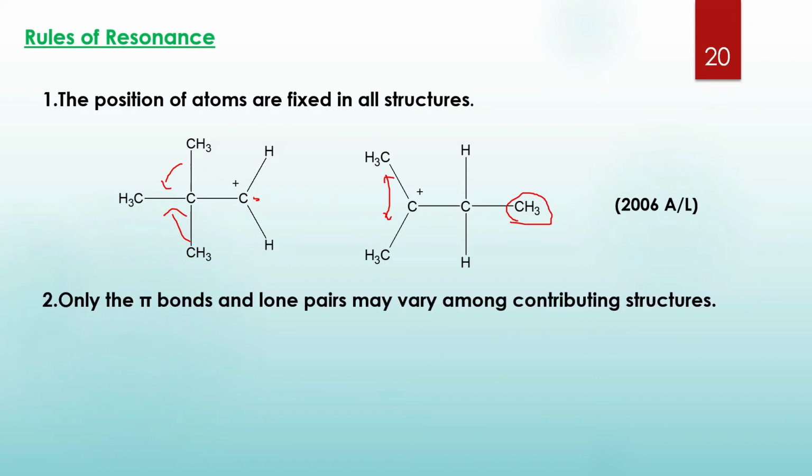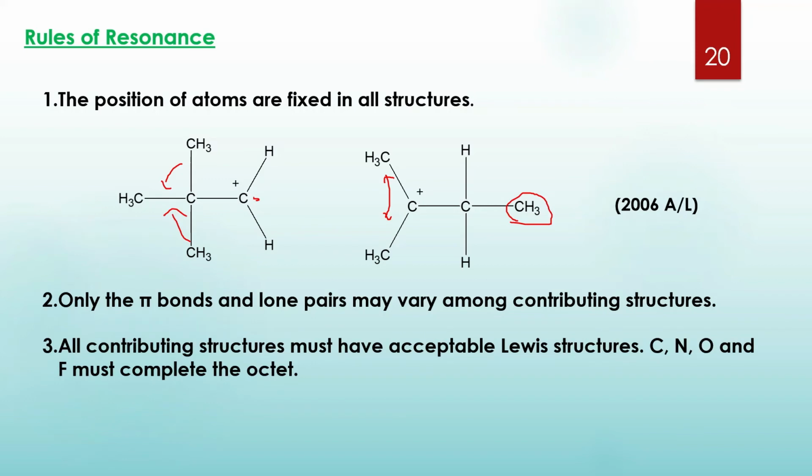Only the pi bonds or lone pairs may vary among contributing structures. So again, as in the first example, the sigma bond position has varied, but in resonance structures, only pi bonds and lone pairs can vary. All contributing structures must have acceptable Lewis structures. So carbon, nitrogen, oxygen, and fluorine must complete the octet, and they must follow all these rules.